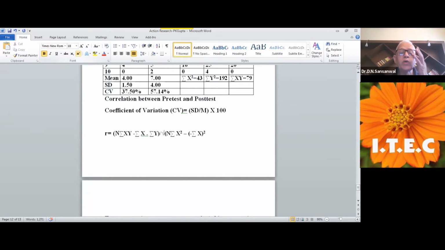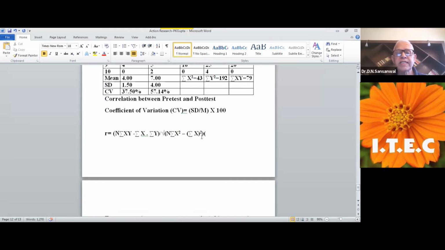Then bracket close. So this is n sigma x square minus, in the bracket, sigma x whole square, and then the bracket close, then another bracket for y.